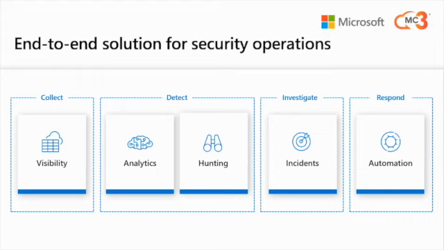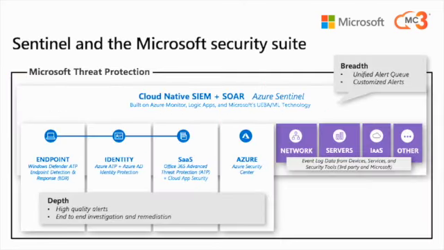In this video, we will talk about the collection, how we can collect information through Azure Sentinel, and how we can get visibility for some services. In Sentinel, we can get visibility from some native solution from Microsoft and external solution as well.